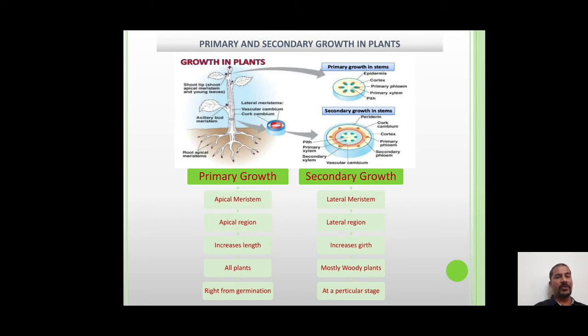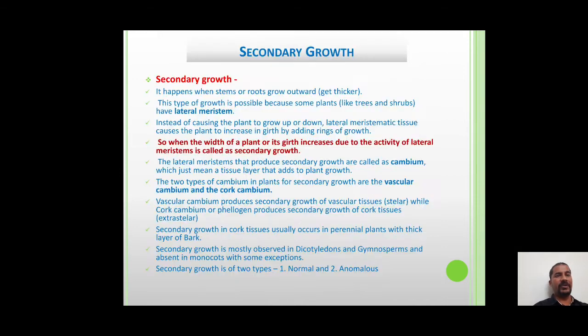The primary growth starts right from the germination of the plant, while the secondary growth occurs at a particular stage in the development of the plant.